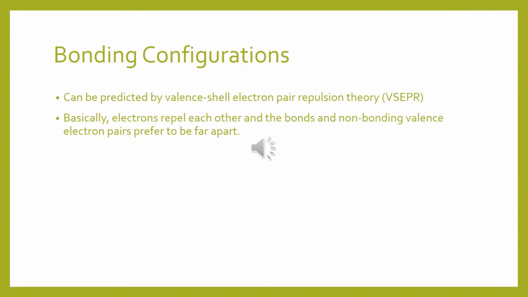Bonding configuration can be predicted by valence shell electron pair repulsion theory, the VSEPR theory. Basically, electrons repel each other, and the bonding and non-bonding valence electron pairs prefer to be far apart.